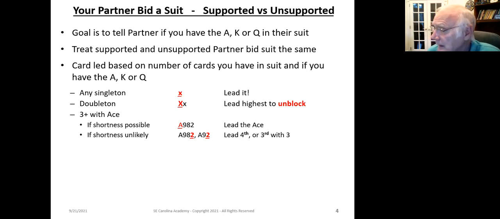Then you can lead it again and give them a ruff. So there are some really good reasons for underleading the ace, especially if you think that's a suit that your partner is relatively short in and that the opponents might be trying to develop, if you've got enough cards in that suit.